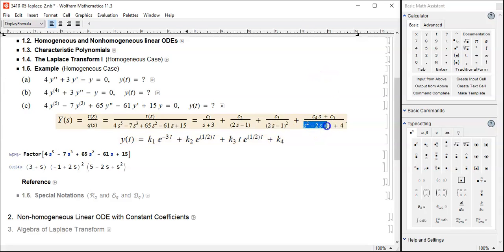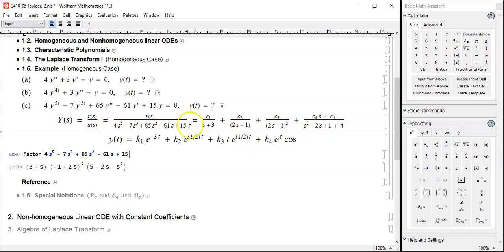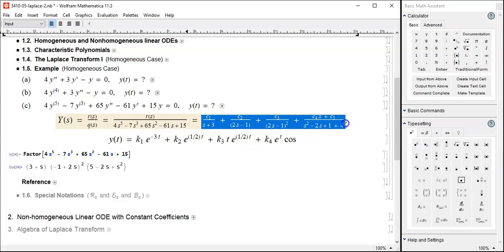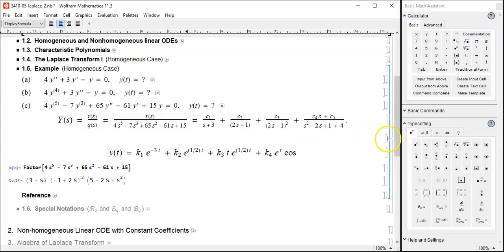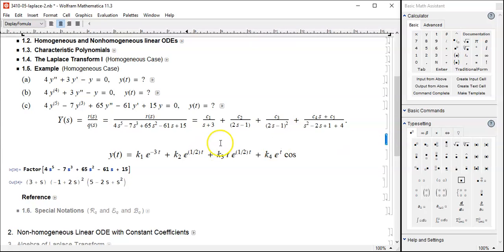Let's see, this is a complete square, s minus 1 squared, so e to the 1t times cosine of, you know what, let me rewrite this thing. Oh, never mind, let's just see.